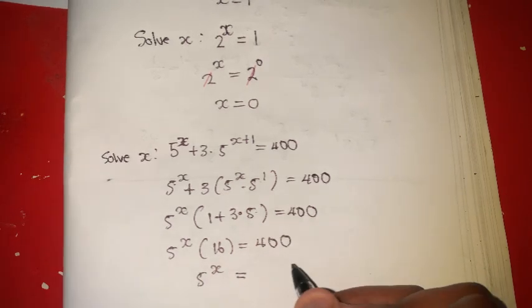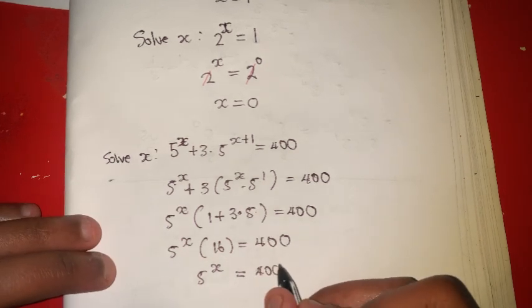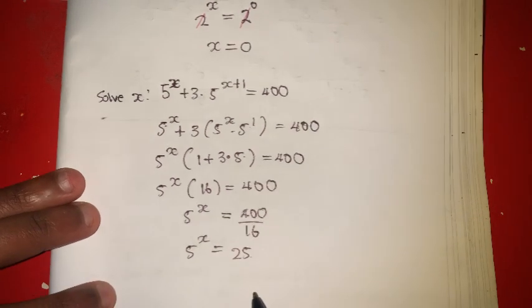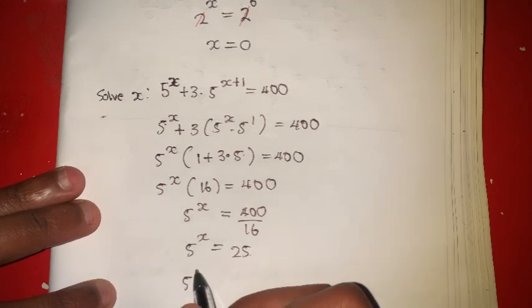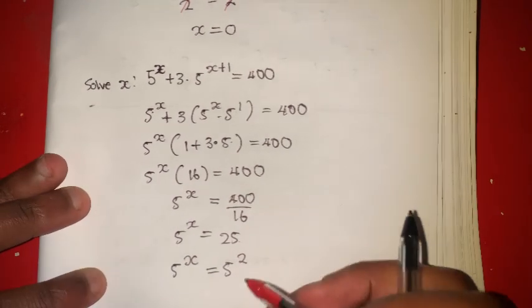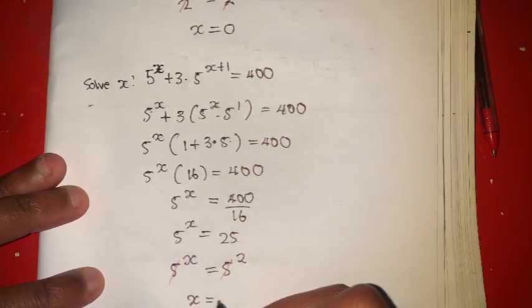Then you will divide both sides by 16. 400 over 16 is equal to 25. Now that you have 25, you know that 25 is 5 squared. Then again, you will drop the bases and solve for x.